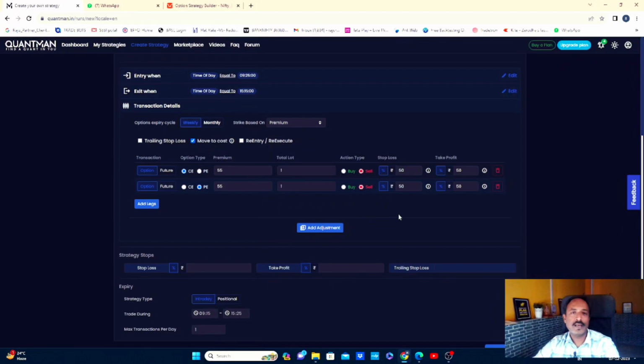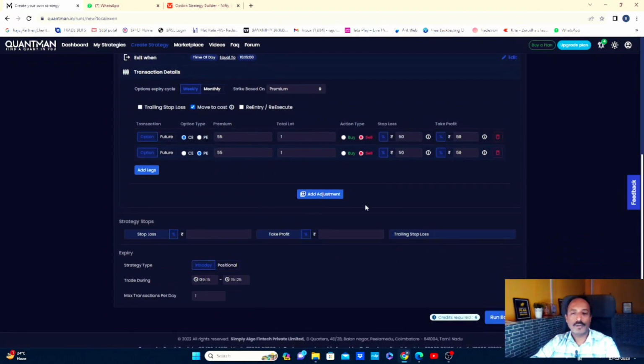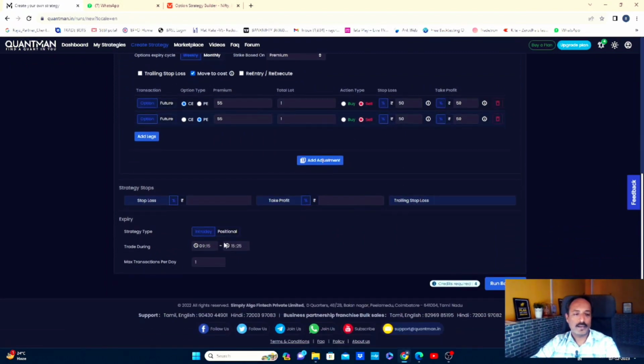VIX is the volatility index, which has a very direct impact on the option premiums and the implied volatility of the option premium. So that is where you had better take a stop loss and trade it. So the maximum transactions you can define, or anyhow it is only from one straddle.